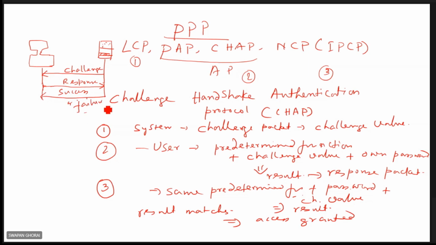So this is the process of the CHAP authentication protocol. Have you followed? If you don't follow, you can ask. It is more secure than the PAP protocol. Is it clear or not? Okay.